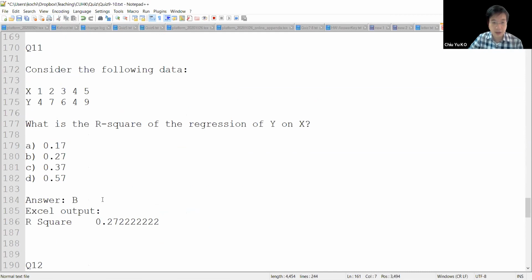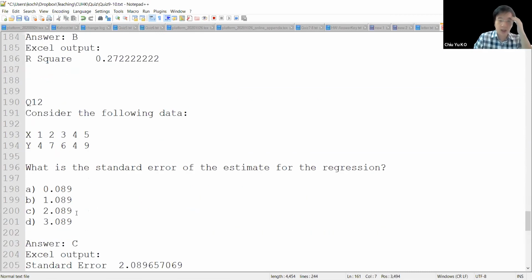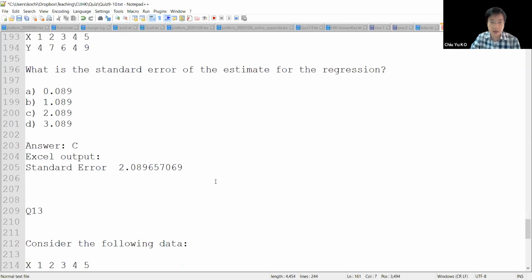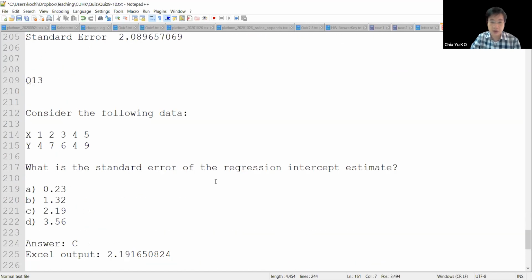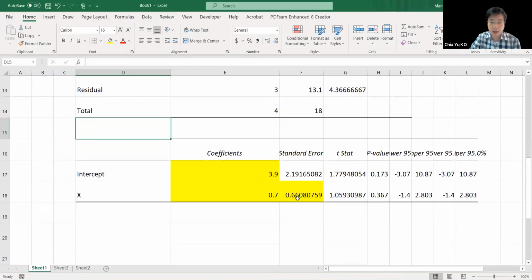R square is already output there, but it is SSR over SST. The same goes for the standard error of the regression estimate, and the slope and intercept standard errors. For the intercept, it would be this one.